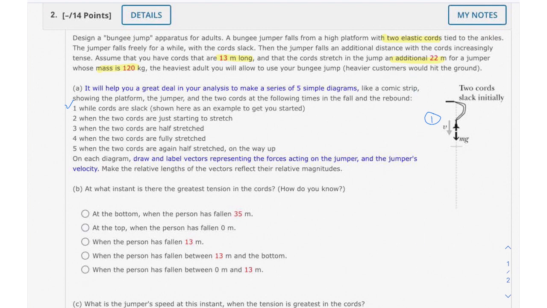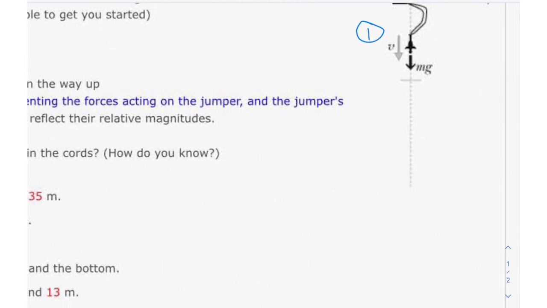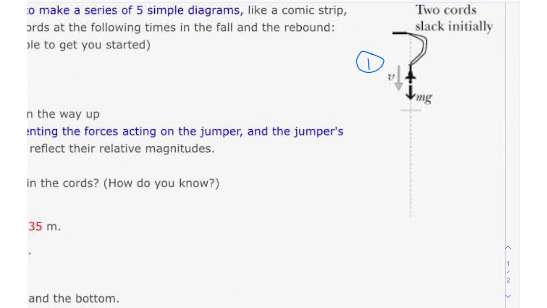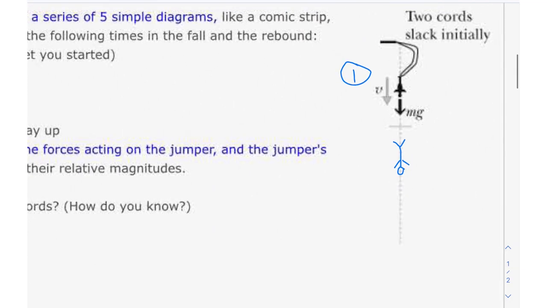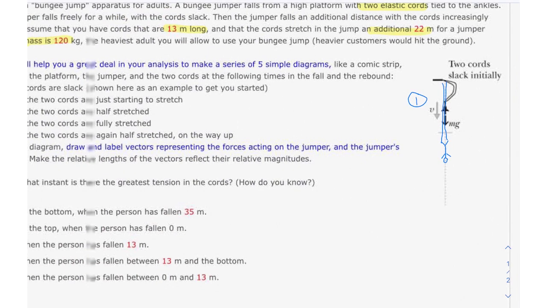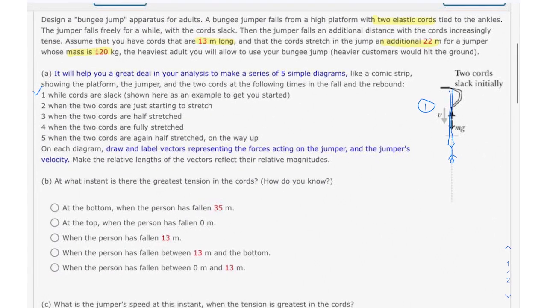For diagram 2, it says when the two cords are just starting to stretch. So that would be, again, a little further down. Our jumper, and pardon my artistic skills, I can help answer a physics question, but when it comes to art, my skills are a little weak, so bear with me. Basically here, the two cords are now attached to the feet, and they are just starting to stretch.